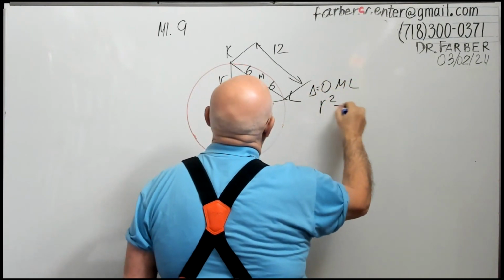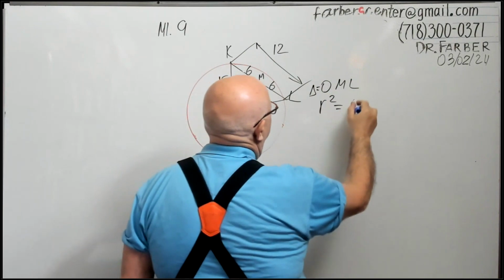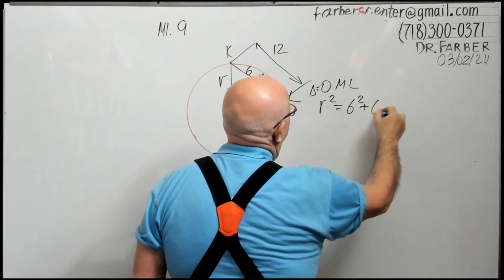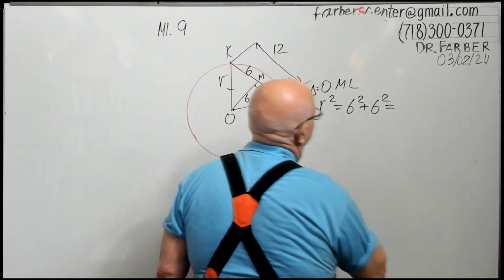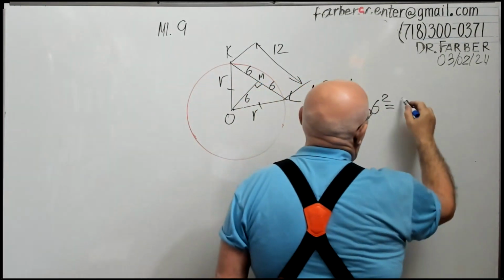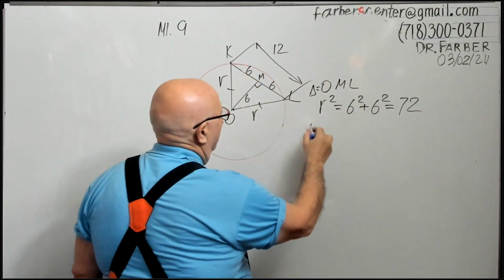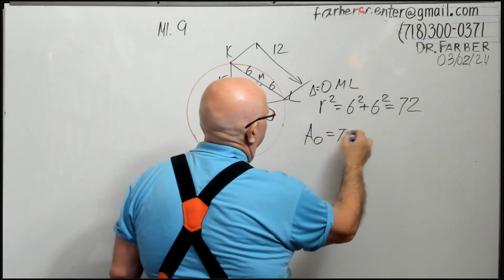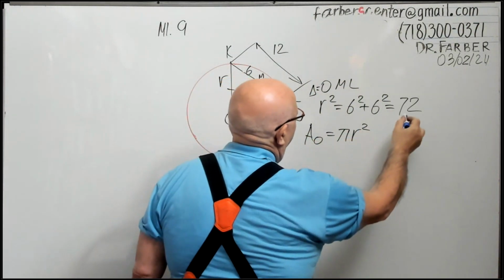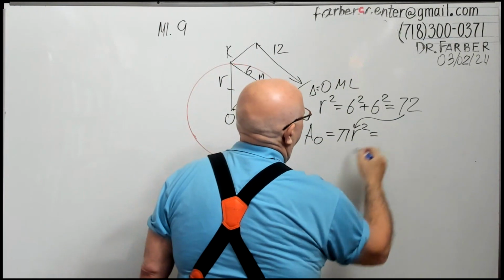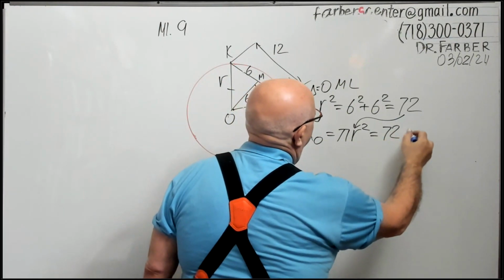R square equals 6 to the second plus 6 to the second, Pythagorean. 36 plus 36, 72. And the area of a circle is pi r square. Plug in here, 72 pi.